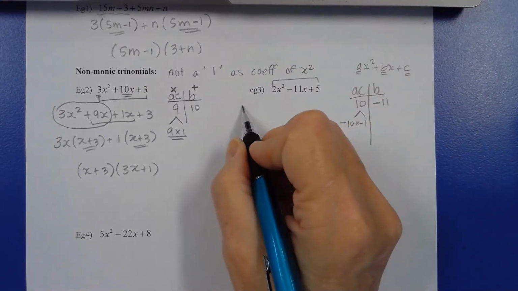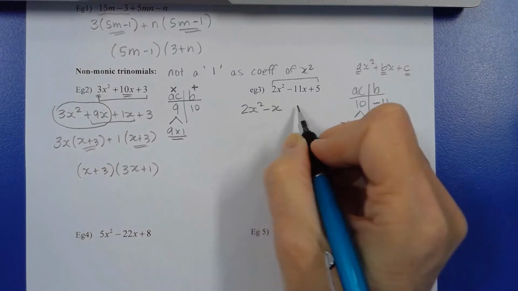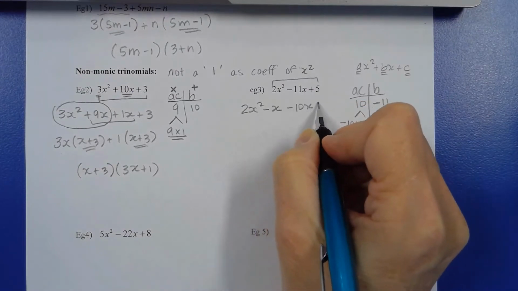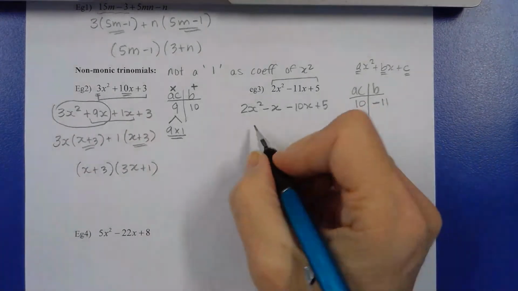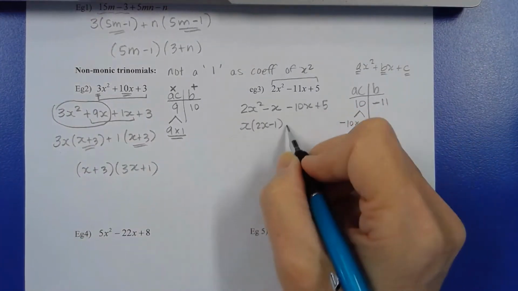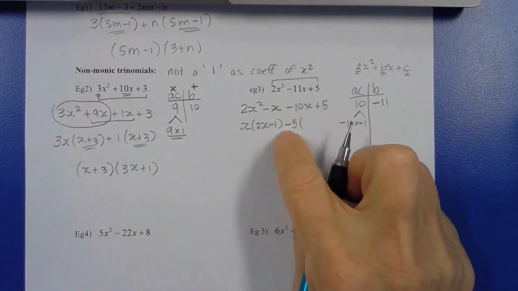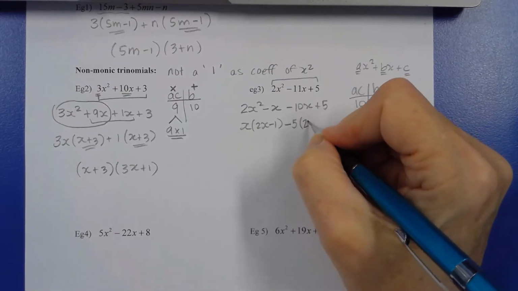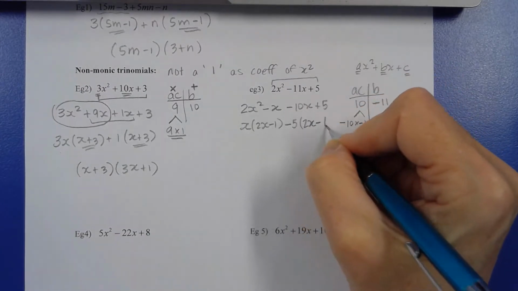So now I can split the middle term by writing, and it doesn't really matter if I write the 10 first or the 1 first. It's not going to make any difference. These have an x in common, and these have a negative 5 in common. So when I take out a negative 5, this changes to positive 2x, and this changes to negative 1, because a negative times a negative gives a positive.